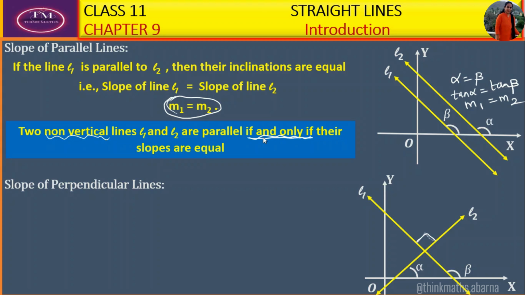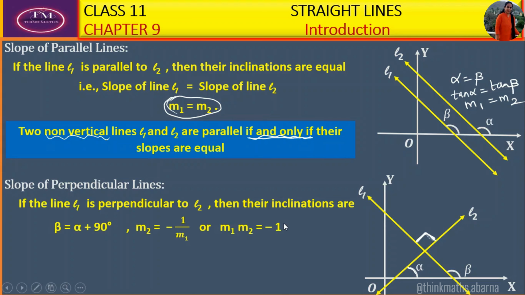Okay. Next one, slope of perpendicular lines. Now, perpendicular lines means we have two lines L1 and L2. These two lines are perpendicular. Okay, it is not perpendicular to the x-axis. The lines L1 and L2 are perpendicular and they have inclinations alpha and beta. So, L1 has the inclination beta and L2 has the inclination alpha.